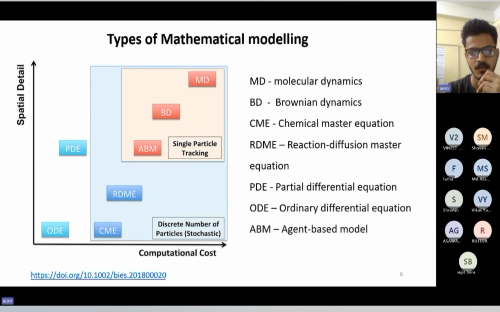The probability part comes in. So to model these kinds of things, we have the reaction diffusion master equation and chemical master equation. Then on this side we have ODE and PDE, which are basically deterministic models. If we can assume that at least in some part our system is deterministic, then we can use ordinary differential equations and partial differential equations.